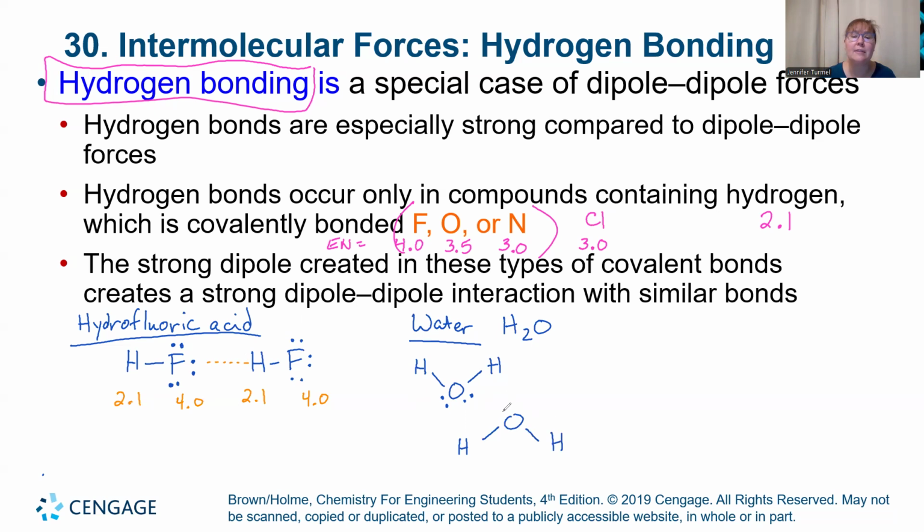And so it'll always line up so that the electronegative oxygens are semi-attached to hydrogens. Okay. And that also makes water a very fascinating substance with very strong intermolecular forces.